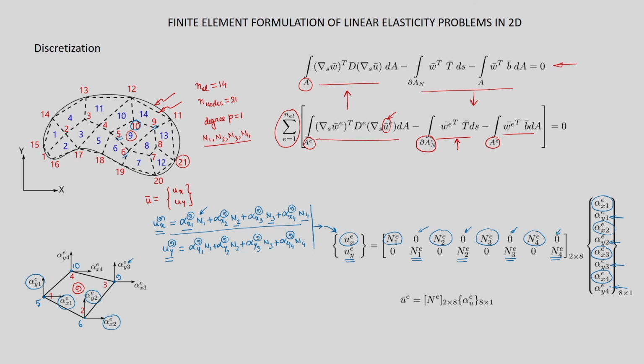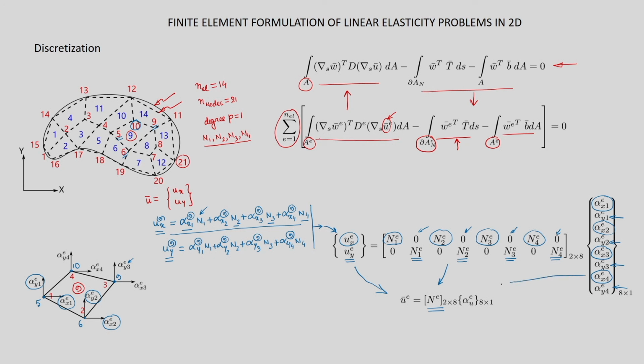Fine. So, this vector, as we know, is the displacement vector u bar. This 2 by 8 matrix we will define as the shape function matrix, which basically contains these shape functions. Alright.